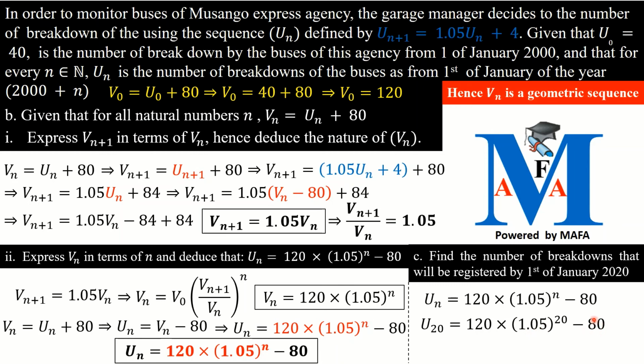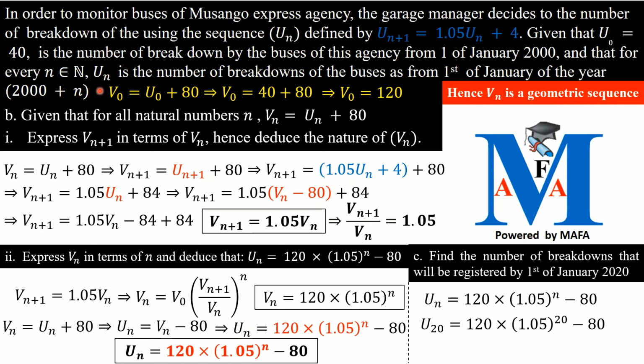Like I said, when we're calculating, U1 is the number of breakdowns of the buses from the 1st of January of the year 2000 plus 1, because our n is equal to 1 to get U1. When n is 2, we get U2. When n is 3, we get U3. So when n is 20, we get U20, and the year is going to give us 2000 plus 20, which is 2020.